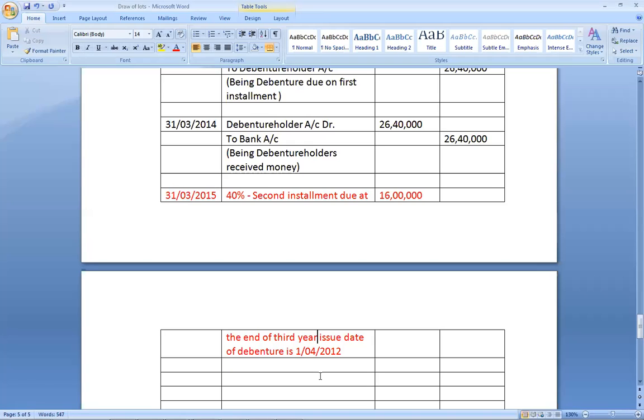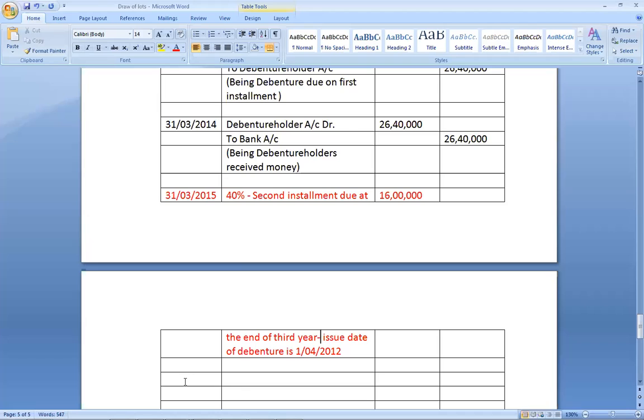The issue date of debenture is 1st April 2012. At the end of first year, we created the DRR as per the question. 12-13 first year, 13-14 second year, 14-15 third year. So this is the due date, second installment due on 31st March 2015.